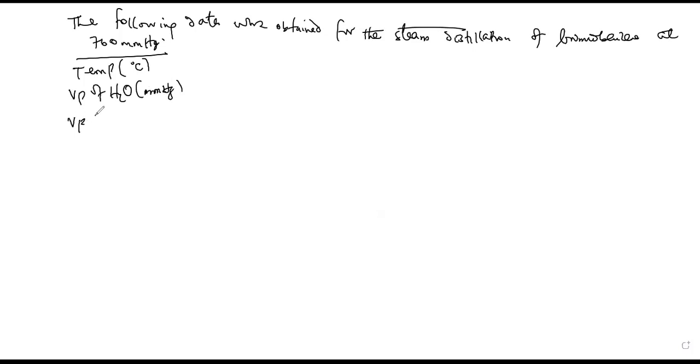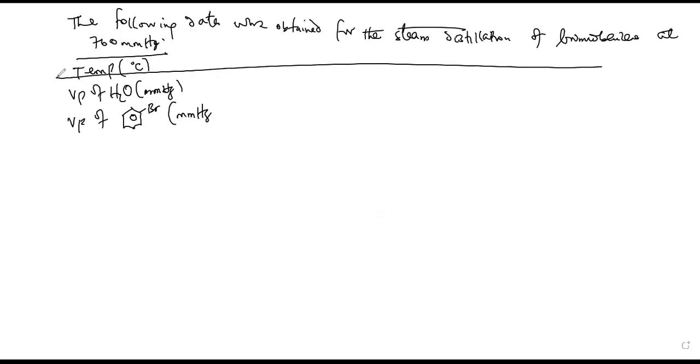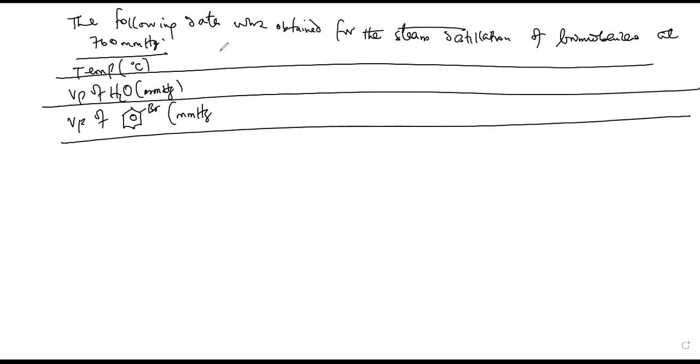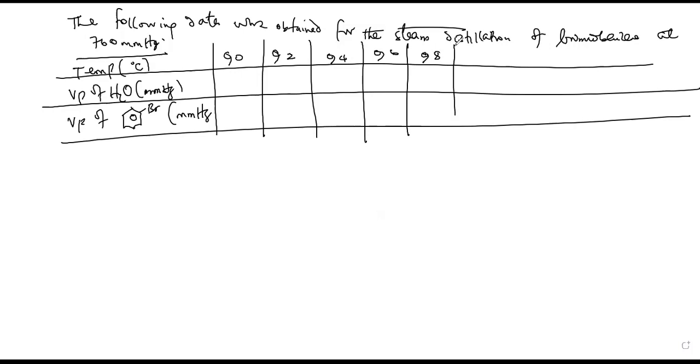We have the pressure of bromobenzene in millimeters of mercury still. We have 90, 92, 94, 96, 98, and 100.